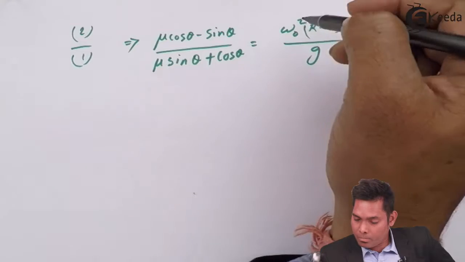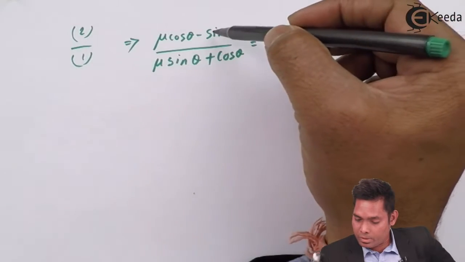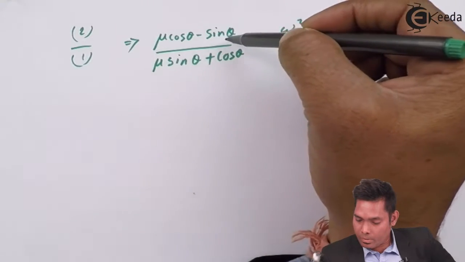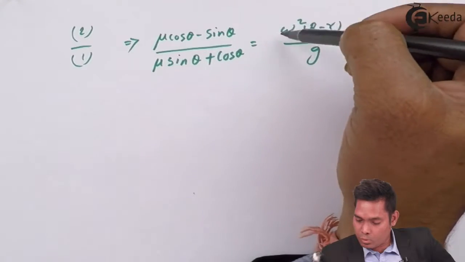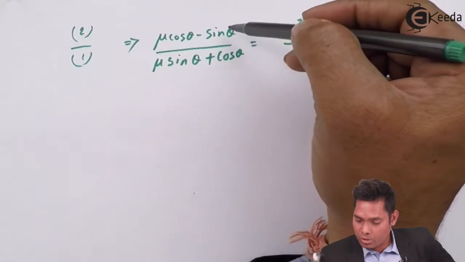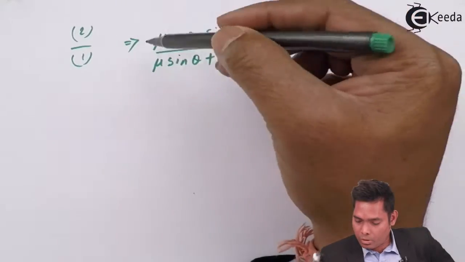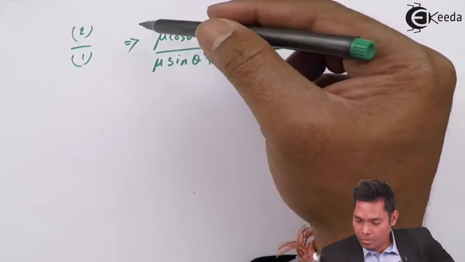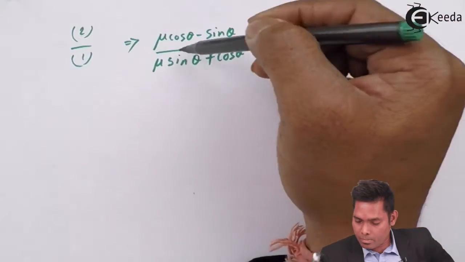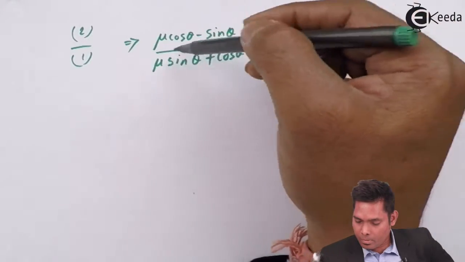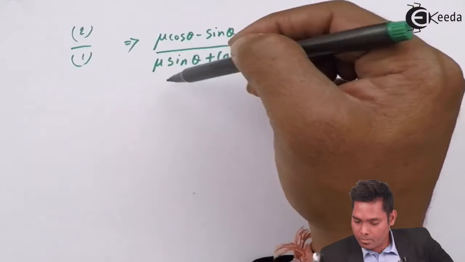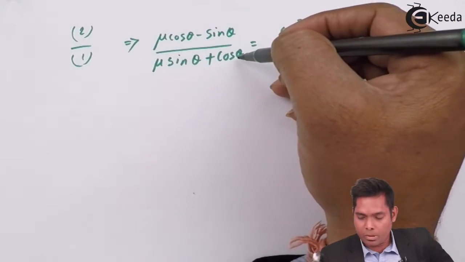It says, what is the minimum value of omega naught? This is minimum when this has to be minimum. For this to be minimum, this has to be maximum. For this to be maximum, theta should be 0.